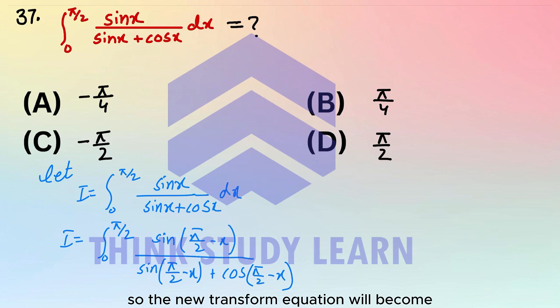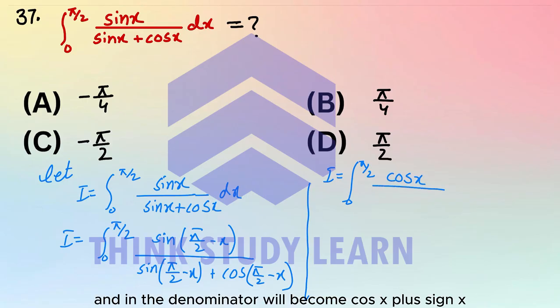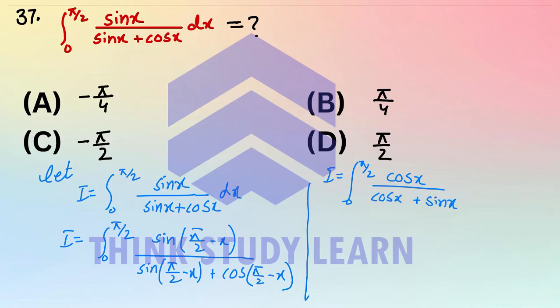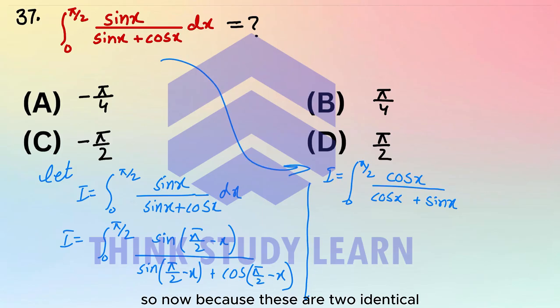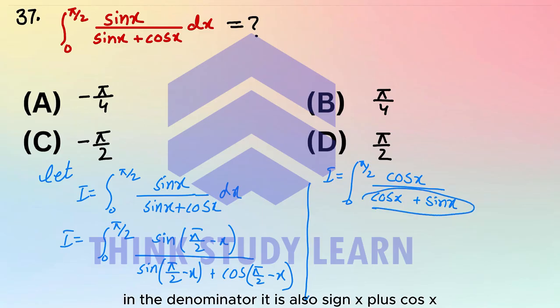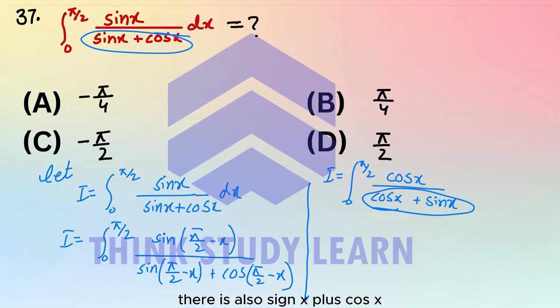So the new transformed equation will become I is equal to the integral with limits 0 to pi by 2 of cos x in the numerator, and in the denominator it will become cos x plus sine x. So this is the new transformed form of this equation. Now, because the denominators are identical, sine x plus cos x in the denominator of the new transformed equation is also sine x plus cos x.